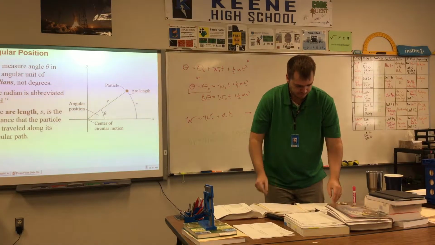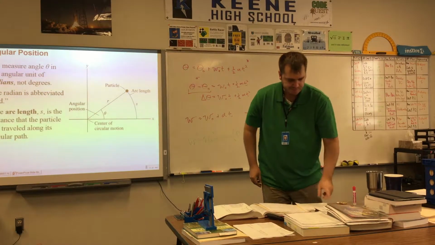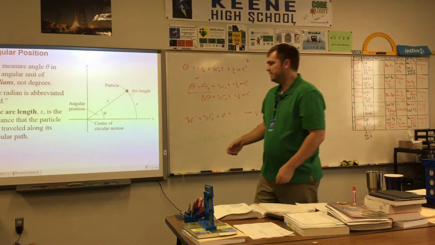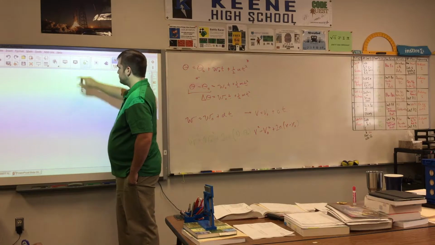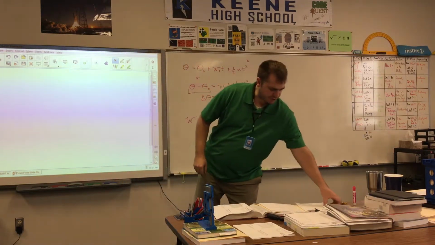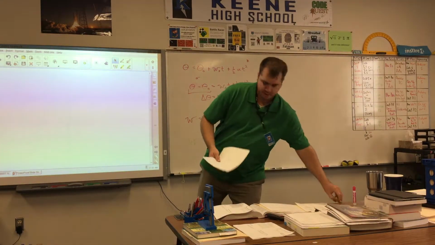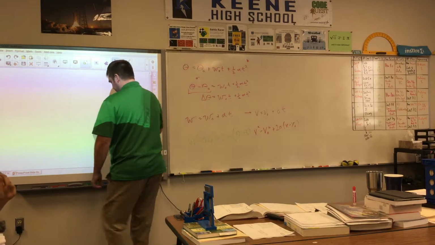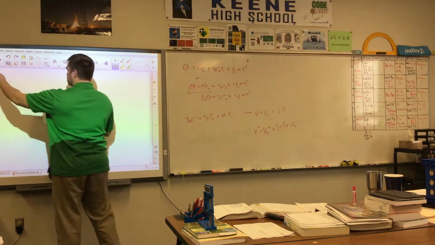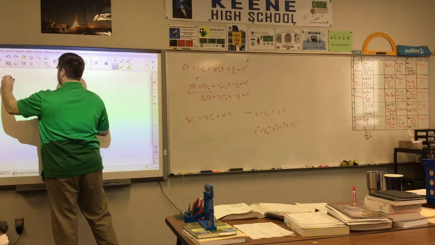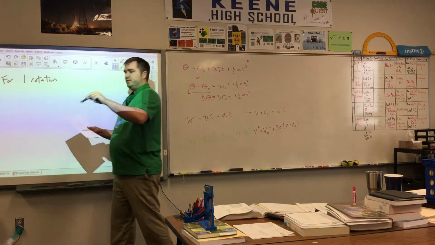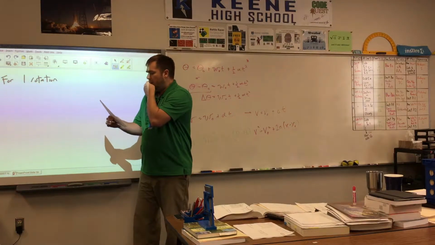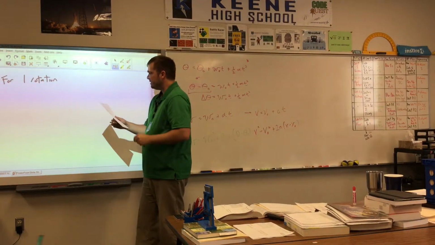I need to give you a couple other formulas. You want to add this on to your paper. Do the derivation in your notes, and then you'll have the summary at the end.